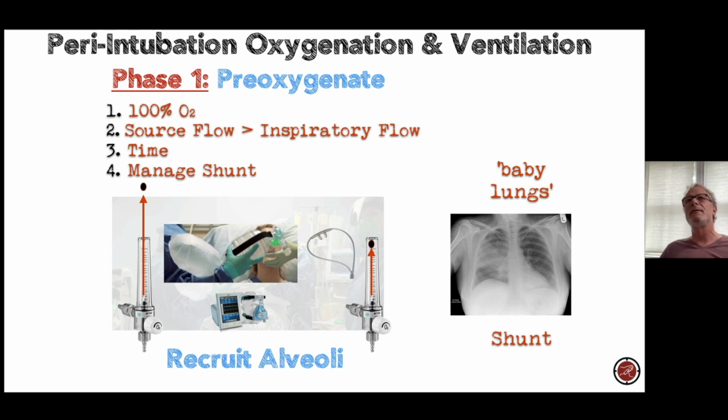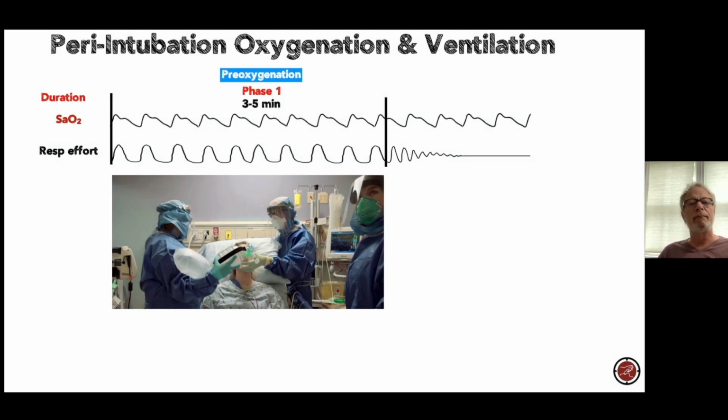The problem is if somebody's got a respiratory rate of 30, it's really hard to accurately give those breaths. So if they've got a high respiratory rate, I've got to give them inspiratory support, either every second breath, where somebody's got to really be concentrating, or ideally it's triggered by a mechanical ventilator, a BiPAP machine, or a CPAP machine. That's the safest way to do it in that scenario.